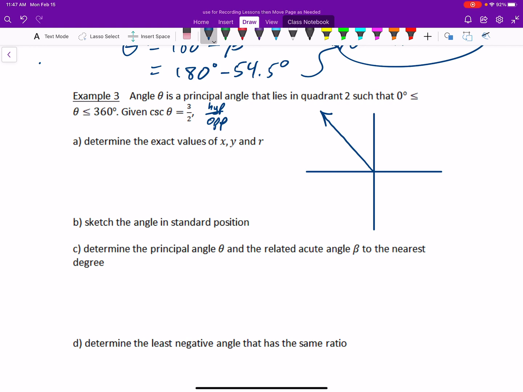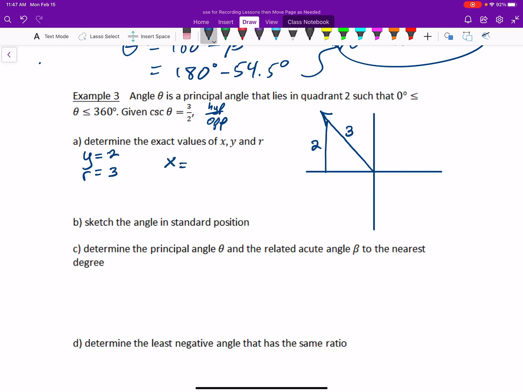So from that, I can get a couple side lengths. I know that the hypotenuse has to be 3 units long. If I draw, let's make this into a triangle, say that this is 3 units, that means the opposite side has to be 2 units. So I already know that y is 2, r is 3, and x I can calculate, again using the Pythagorean theorem.